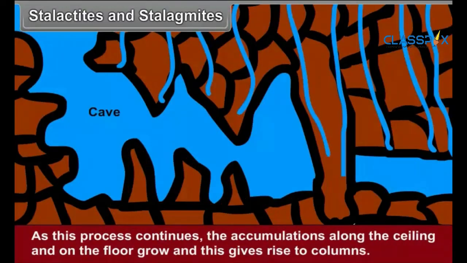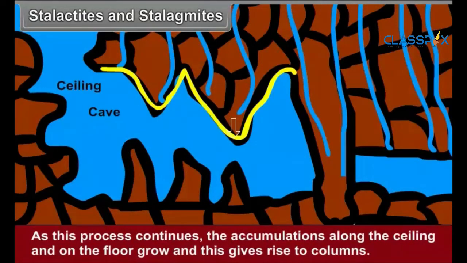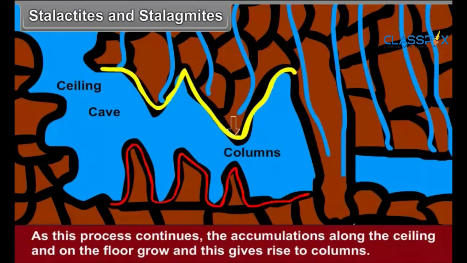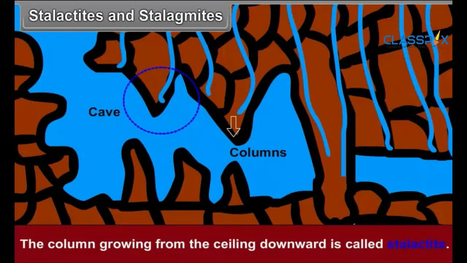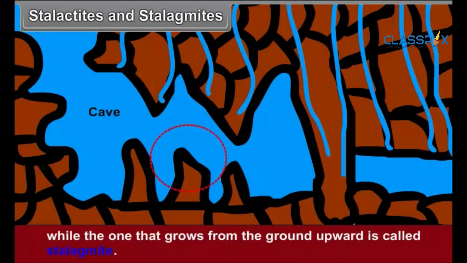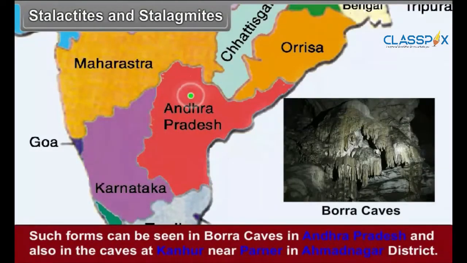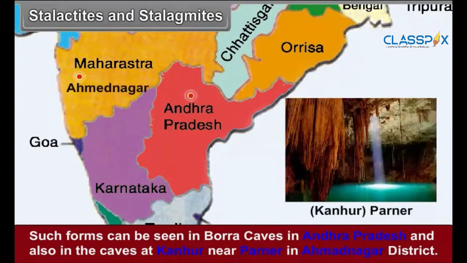As this process continues, the accumulations along the ceiling and on the floor grow, and this gives rise to columns. The column growing from the ceiling downward is called stalactite, while the one that grows from the ground upward is called stalagmite. Such forms can be seen in Bora caves in Andhra Pradesh and also in the caves at Kanhur near Parner in Ahmednagar district.